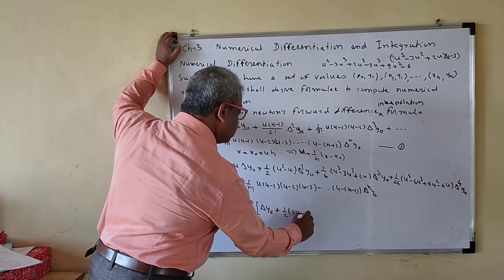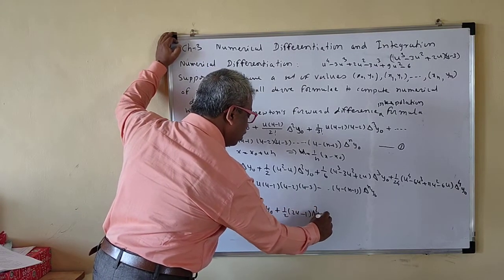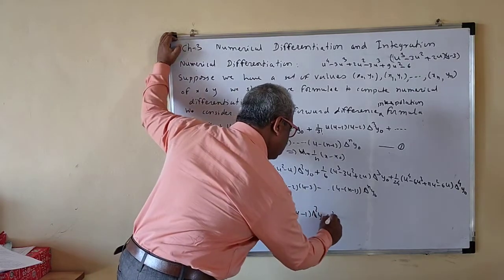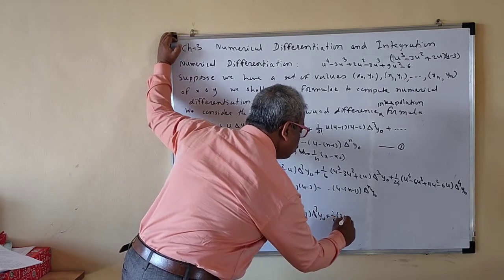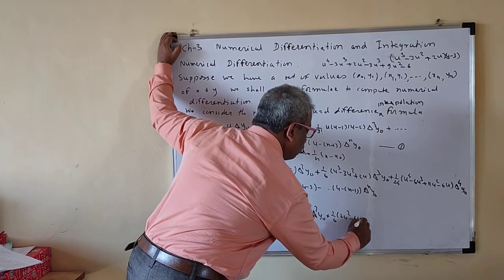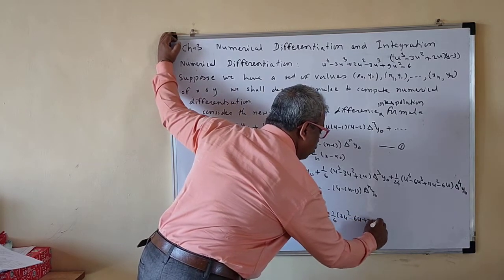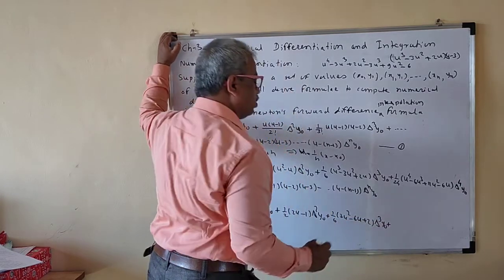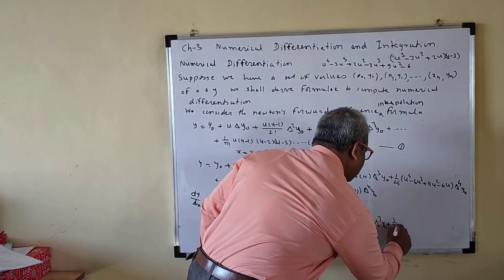twice u minus 1 del square y naught plus 1 upon 6 (3u square minus 6u plus 2) del cube y naught plus 1 upon 24.